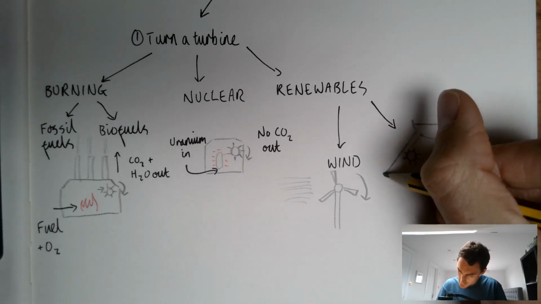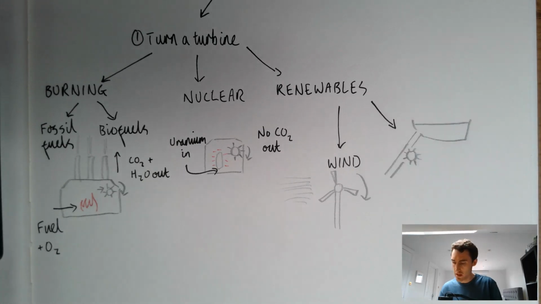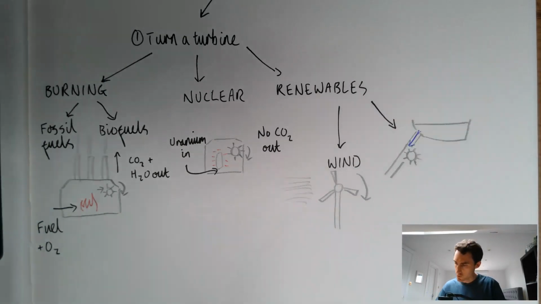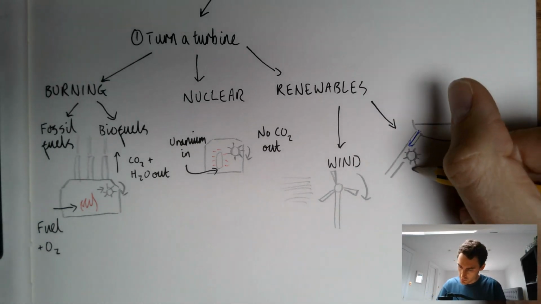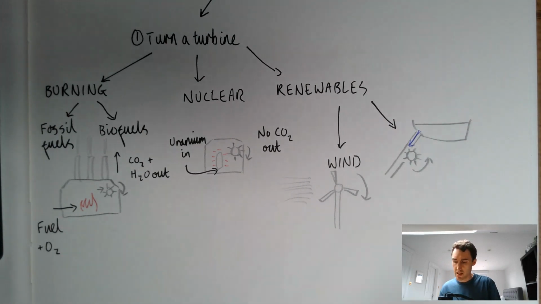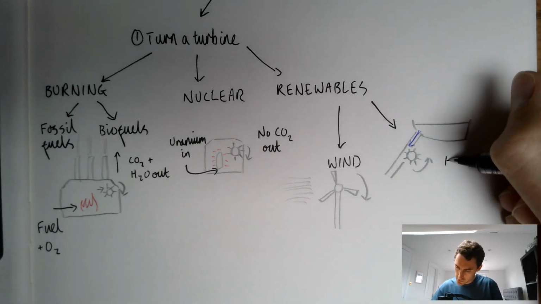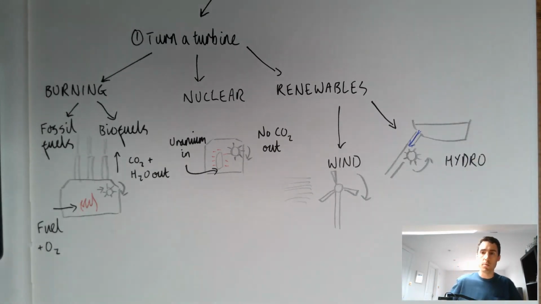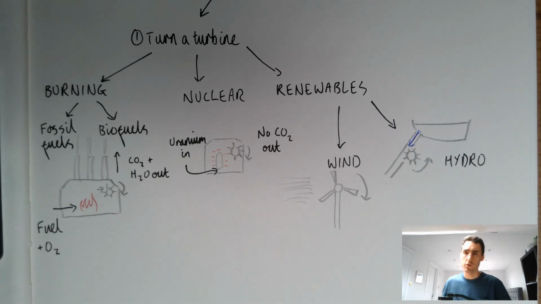So you might want to start there with something a bit more concrete. But essentially, if the water flows down like this, that causes the turbine to turn. So we can show the turbine turning. So that's another way. And I can add a note to say that this is hydro. I'm just going to put hydro for now. Really, it should be hydroelectric, but we can leave it as hydro for the time being.